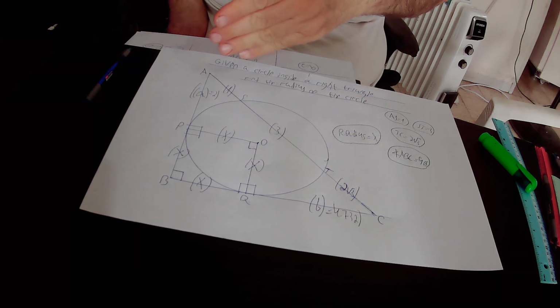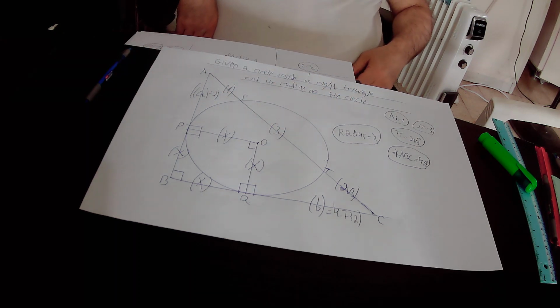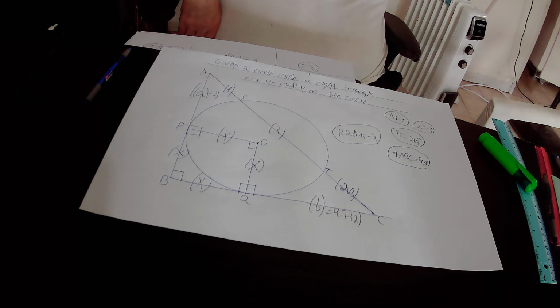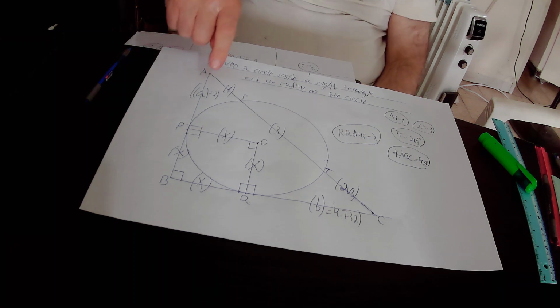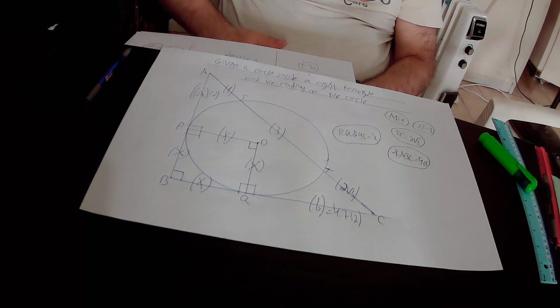So inside this quadrilateral POQB, we have 4 right angles. And any quadrilateral that has 4 right angles must be at least a rectangle, if not a square. So we treat this quadrilateral POBQ as a rectangle. We also know that the opposite sides of a rectangle are equal to each other.